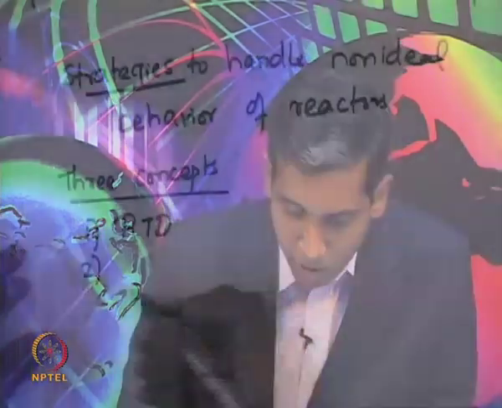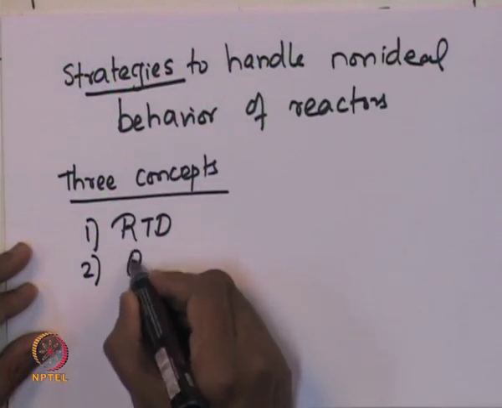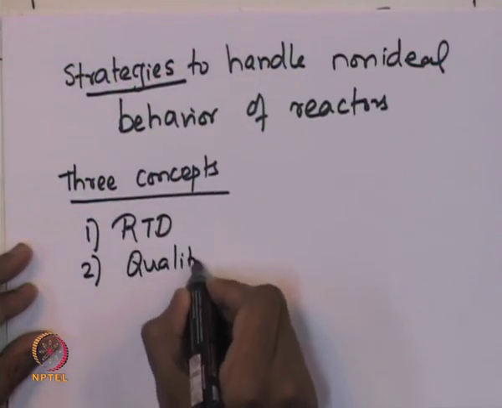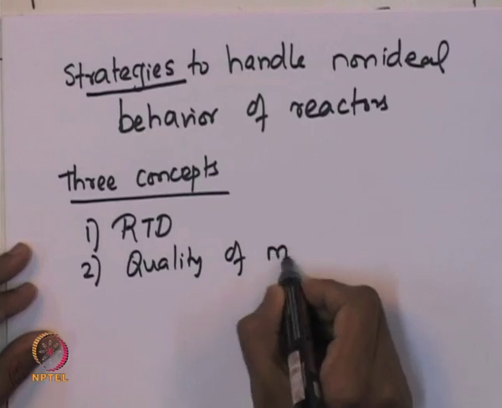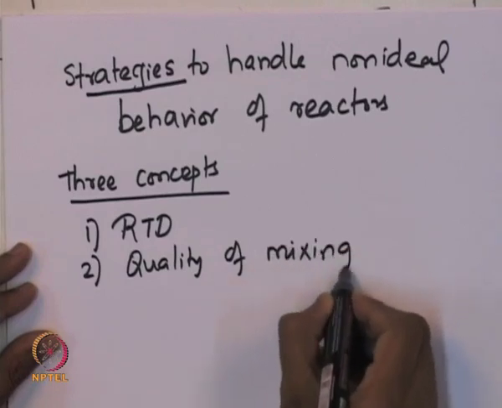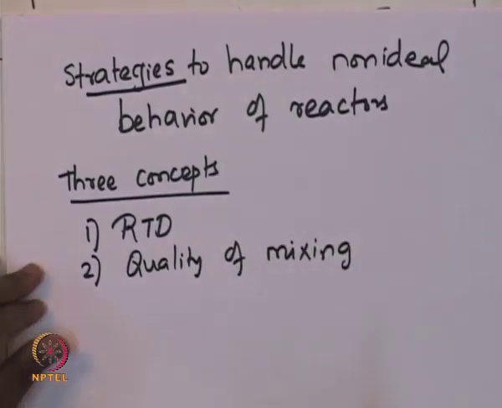Then the second important aspect is the quality of mixing. What is the extent of mixing that is occurring inside the reactor due to various reasons. One needs to understand and characterize the extent of mixing in order to understand the non-ideal behavior of reactors.